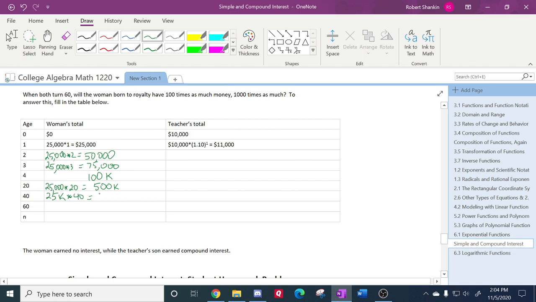This turns out to be $1 million. And then 25K times 60 is $1,500,000. Wouldn't it be nice to be royalty? And the general formula is 25,000 times n.